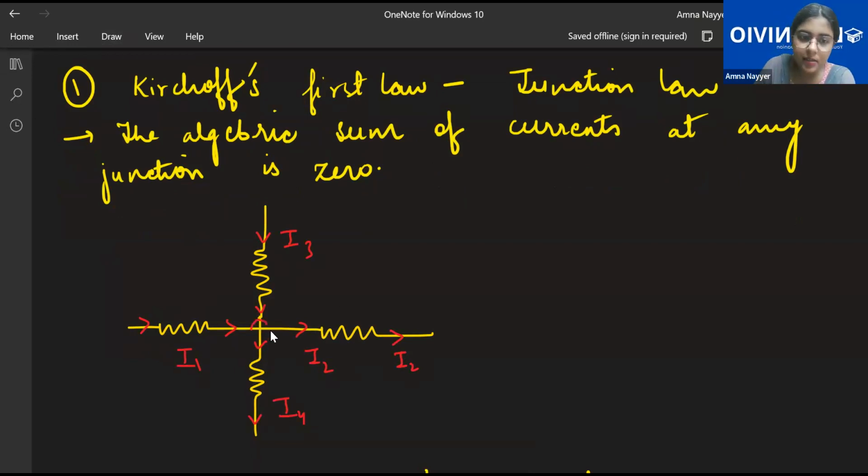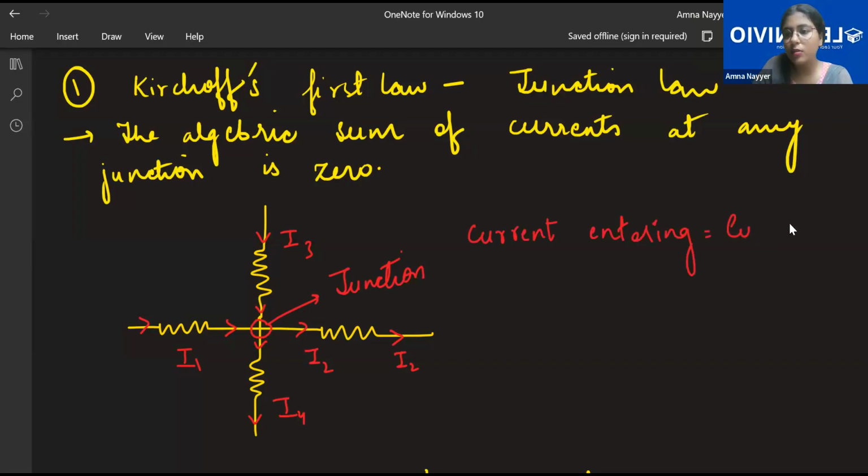So this is known as a junction, where the wires are crossing each other or tied up. So we say the current entering is equal to the current exiting. Look here, I1 and I3 are entering, which is equal to I2 and I4, which are exiting.